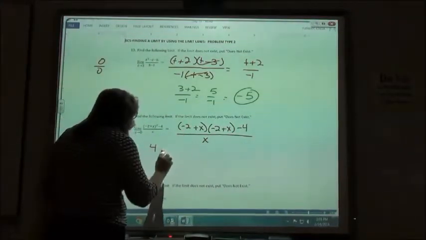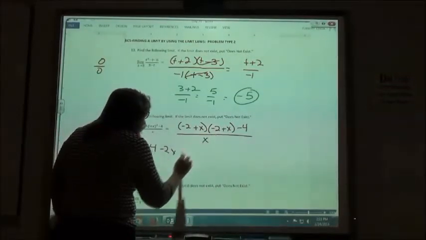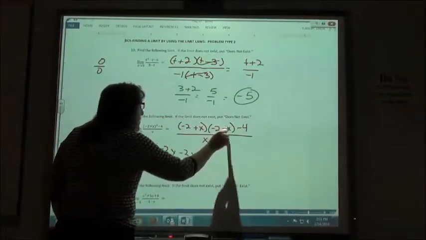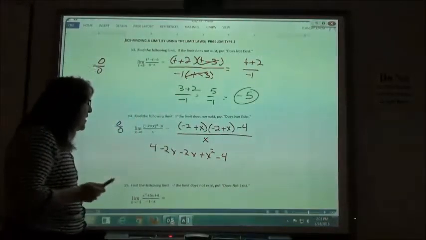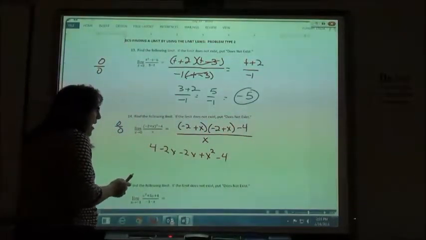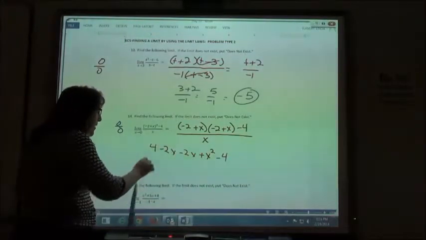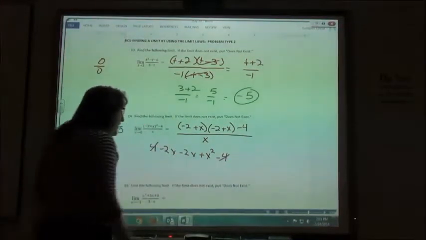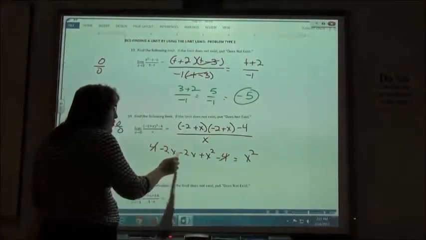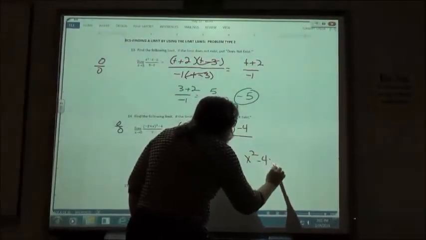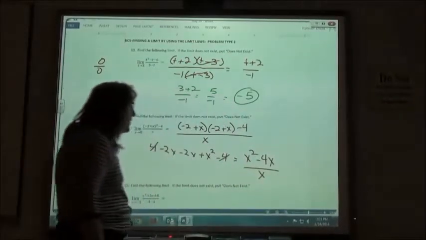Negative 2x, another negative 2x in the middle. x times x is x squared, minus 4. Just keep working on the top here. I can see here that I'm going to have 4 minus 4, which is 0. So I'm going to have x squared, negative 2x minus 2x would be minus 4x, over x.